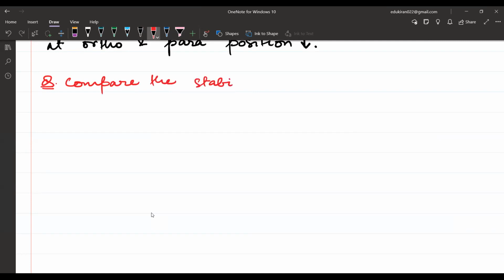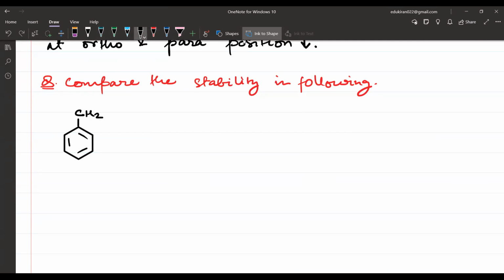Compare the stability in following. So you have a carbocation like this, CH2 positive here. This is A structure.